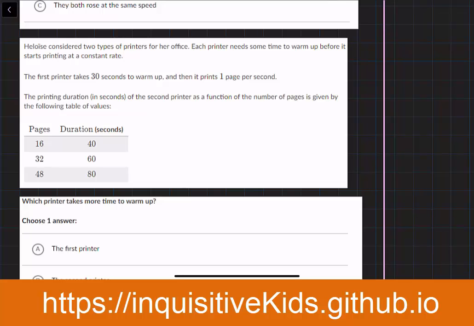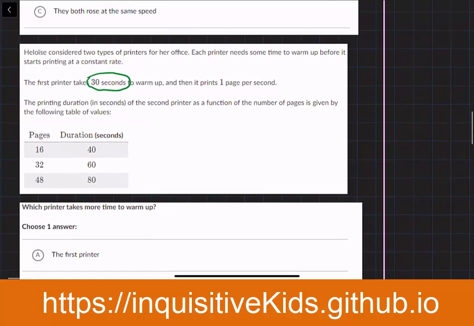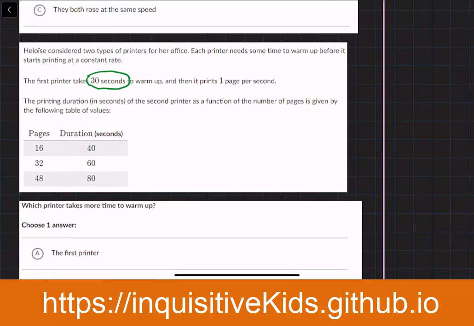So we already know that the first printer takes 30 seconds to warm up. And this problem is very similar to that library problem we did in the beginning. So we know that from 40 to 60 seconds, which is 20 seconds, we have 16 more pages. So in 20 seconds, 16 pages are printed.